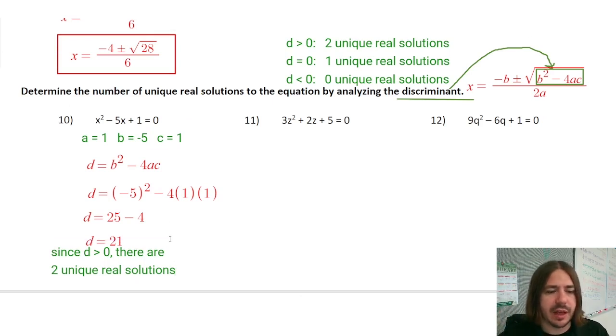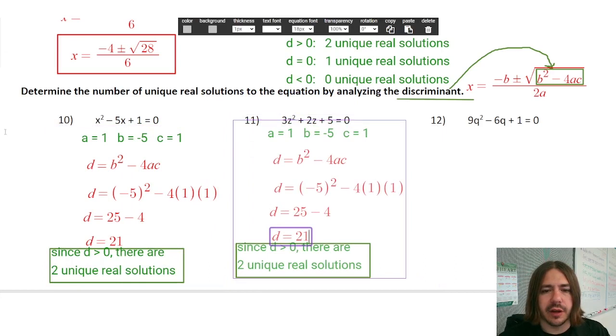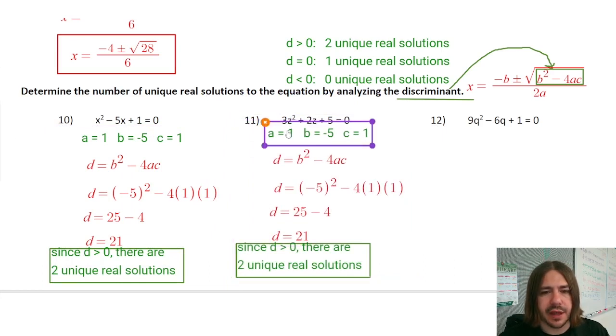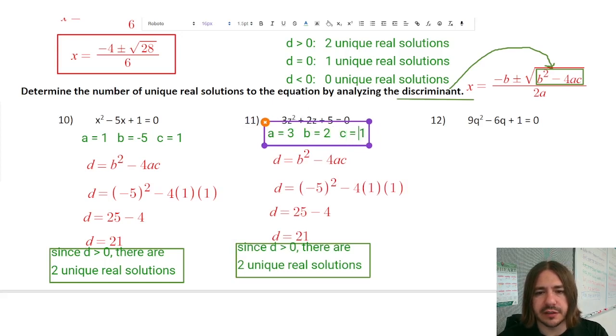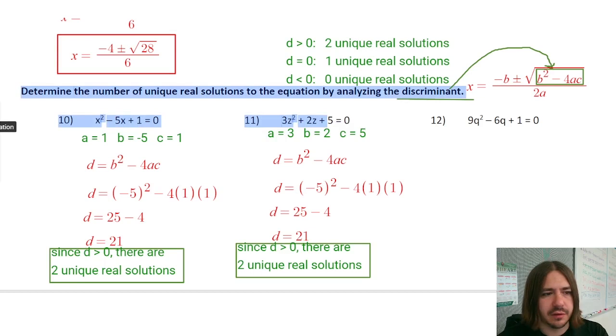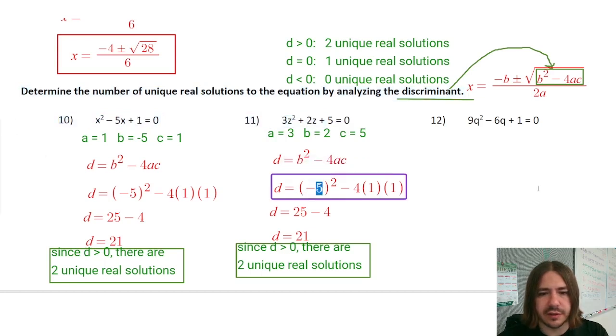Okay, so I think what I might do here is just copy and paste the work that I did for this one and just edit what needs to be edited for the next couple problems. All right, so for number 11, A is 3, B is 2, C is 5. I'm going to plug all that in. Get B squared, so that's 2 squared, minus 4 times 3 times 5.